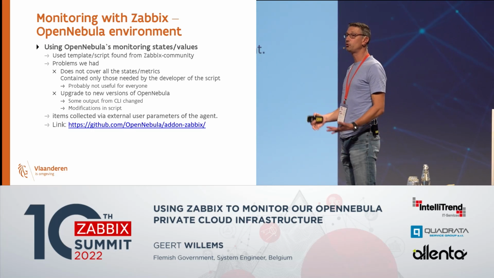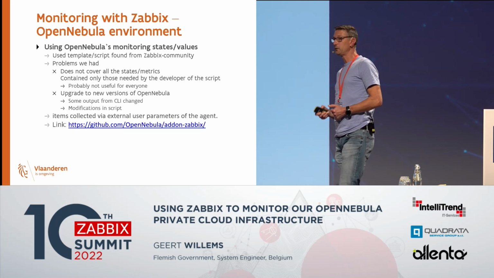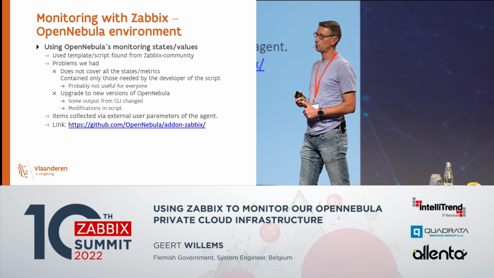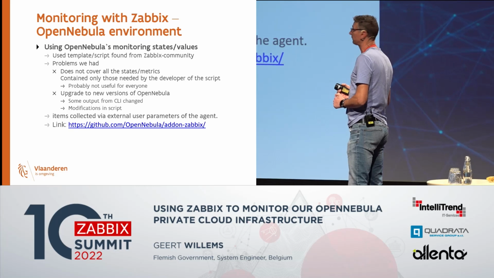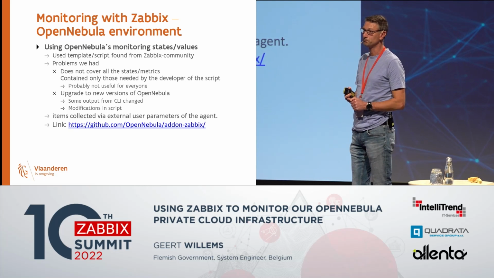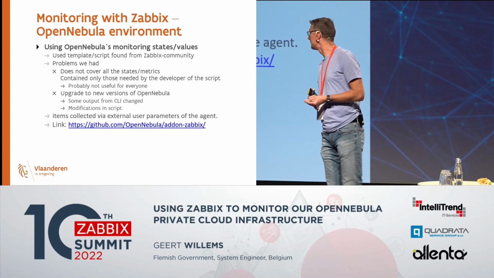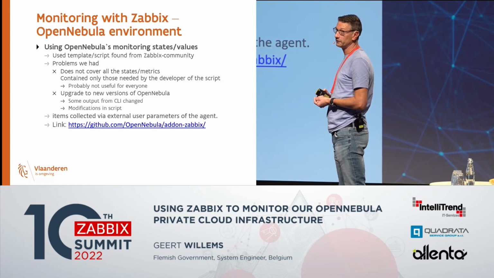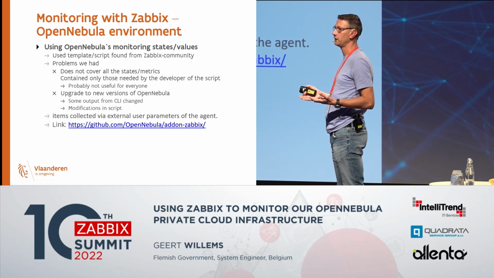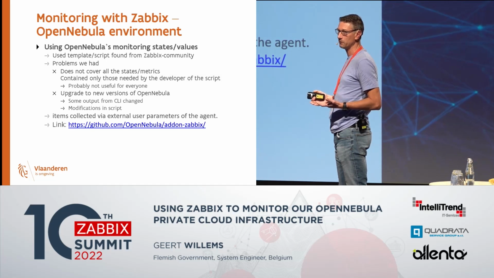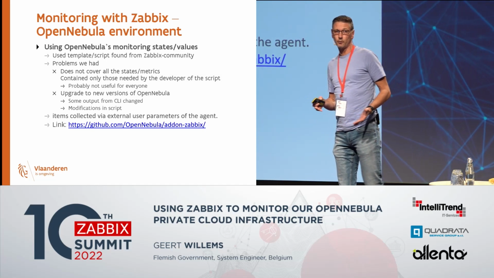Okay, how do we use these metrics within Zabbix? When we started with OpenNebula 4, we used a template script that we found in the Zabbix community. But we had a few problems with it. First of all, it did not cover all the metrics and states that are available by the OpenNebula CLI commands, so probably not useful for everyone.